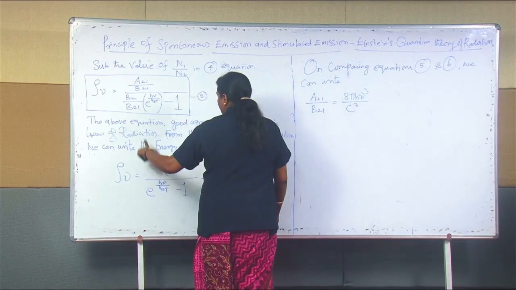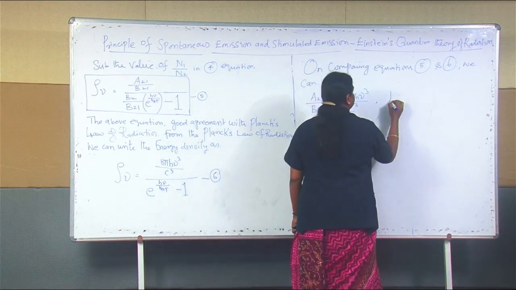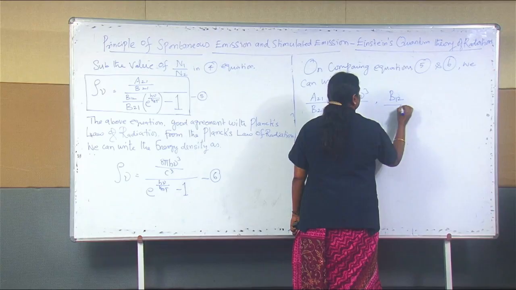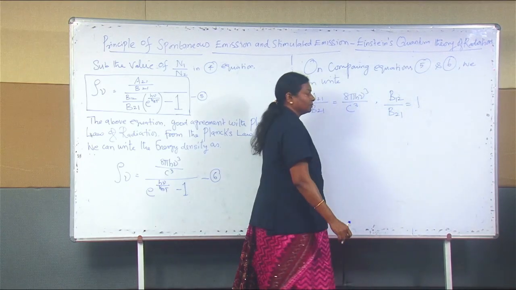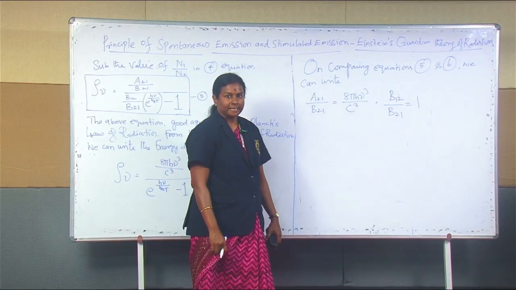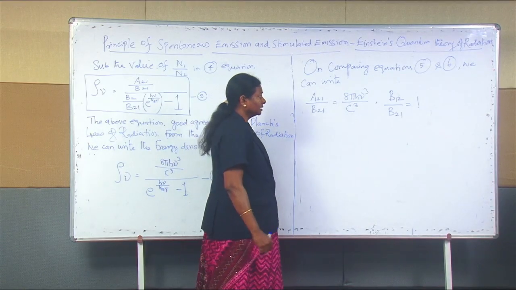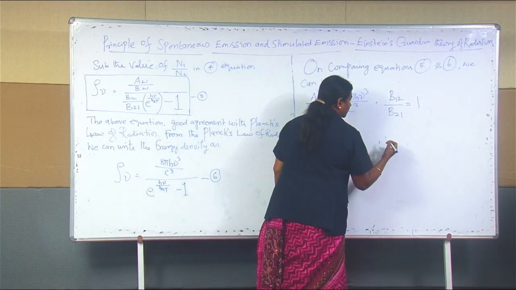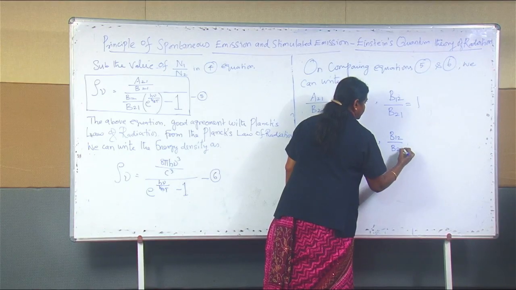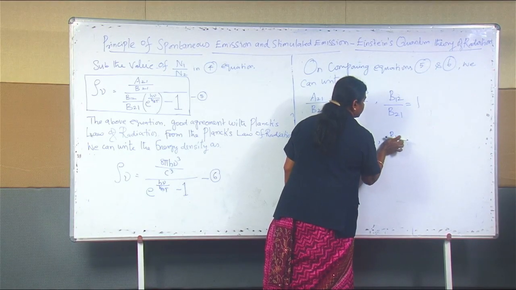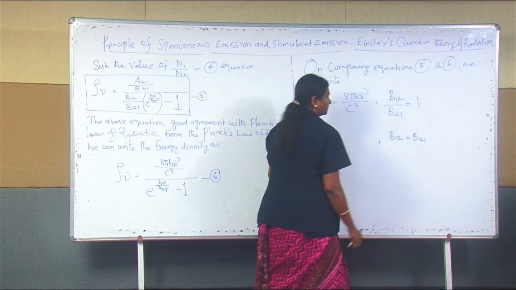Okay. And what about this denominator? The denominator, in the place of B12 by B21, we have 1. Okay. So, if you look into this, I can write this second term as B12, which is equal to B21.